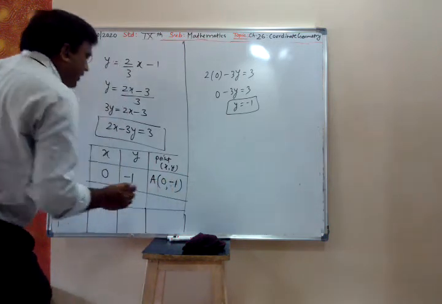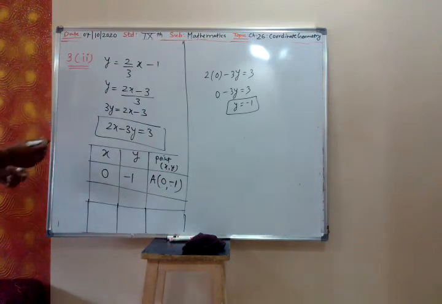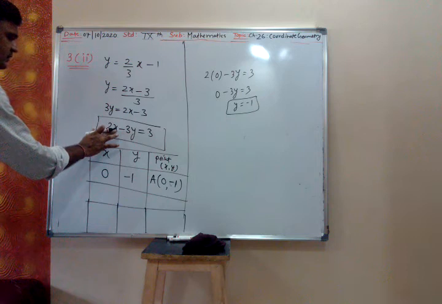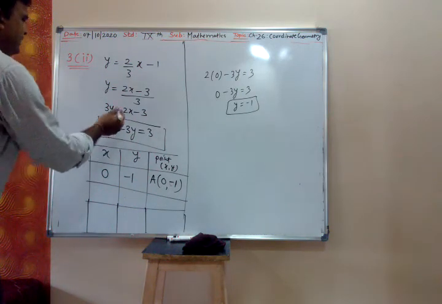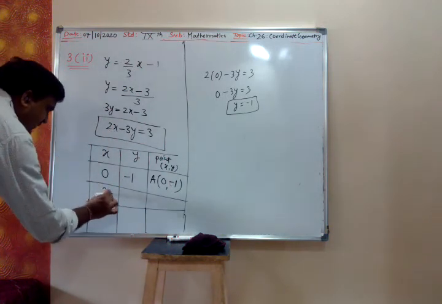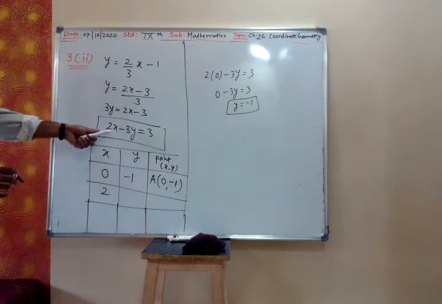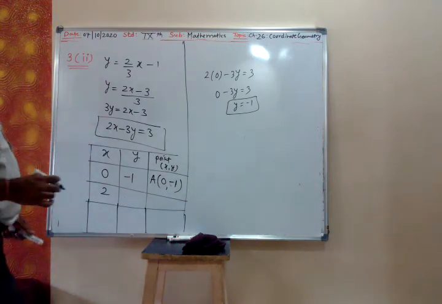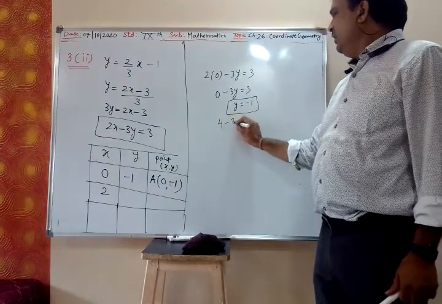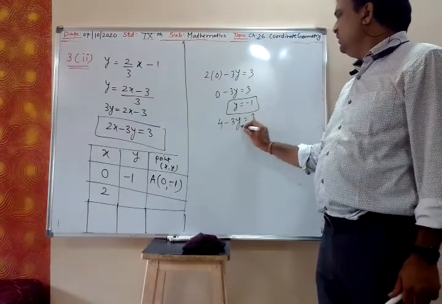Now take another value of x. Take x as 2. When x is 2, you will get 4 minus 3y is equal to 3.